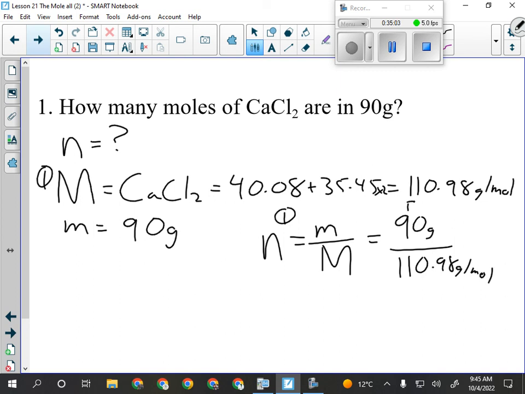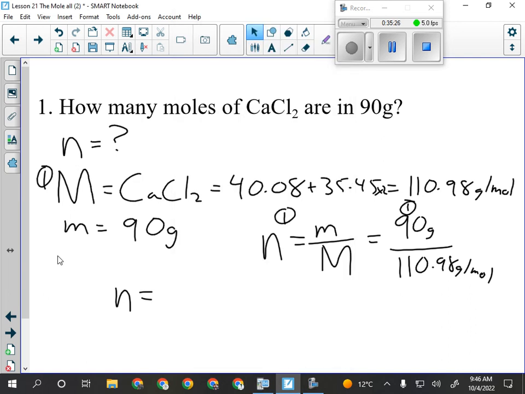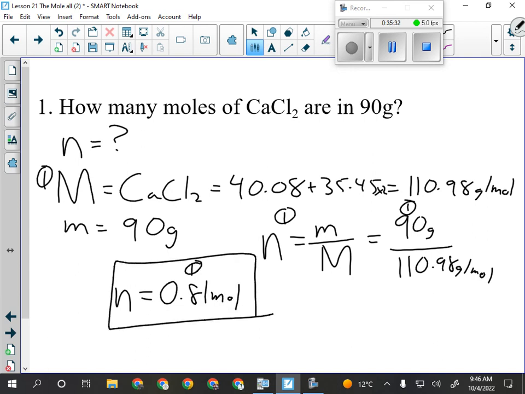Sometimes I even give a mark for plugging in the numbers in the right places. So this is going to be 0.81 moles. So that could be a 3 or a 4 mark question.